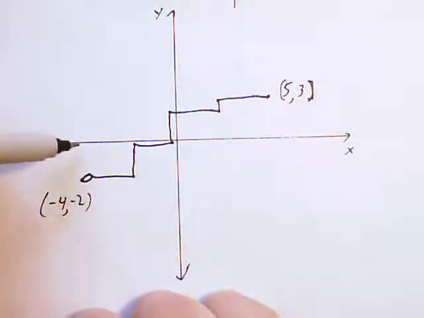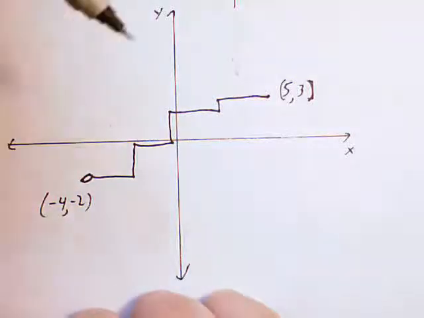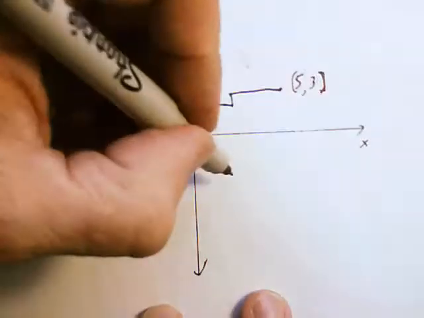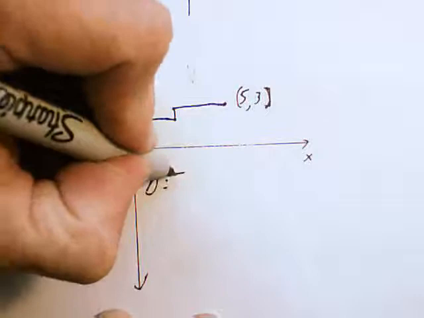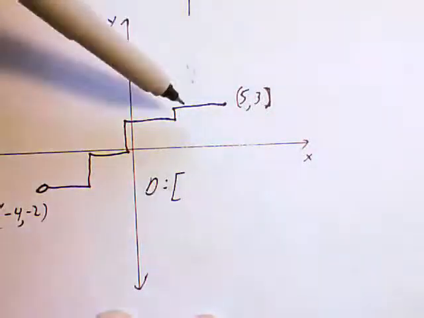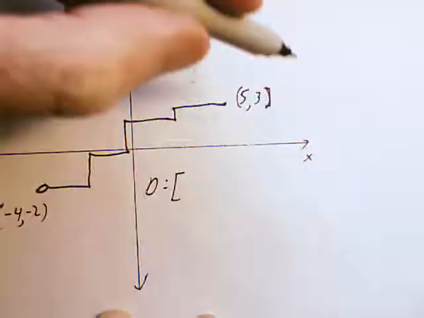And in terms of y, I can get very close to -2 for a y value, but I cannot get exactly to -2. So my domain goes from -4 to 5. It's a real number because it's a continuous line.